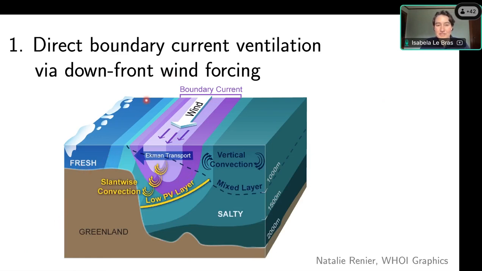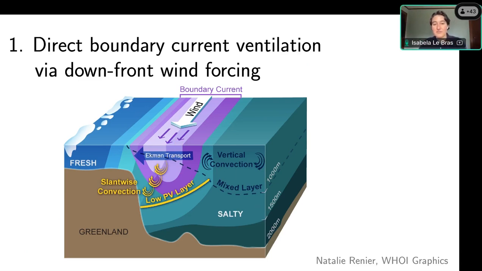Here's Greenland, fresh light water on the shelf, and then saltier water offshore. That's the density gradient. The wind is blowing in the same direction as the boundary current, and so the associated Ekman transport is onshore. So that brings dense water over light water and can cause mixing to great depths through a process called slantwise convection, which forms a low potential vorticity layer.